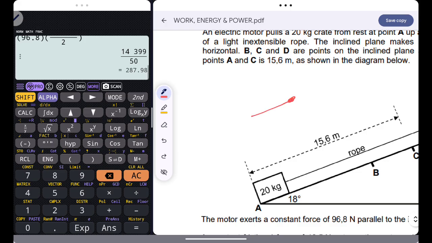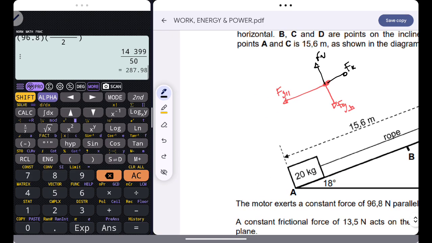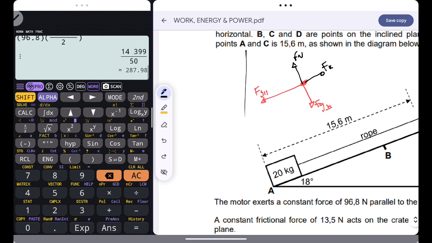The component of gravity will be pulling it down. Gravity parallel. It's always paired with FG, perpendicular, and then we do have our normal force, F normal, and our friction. Right, together. You can draw your free body diagram like this, or you can simply draw it like this.